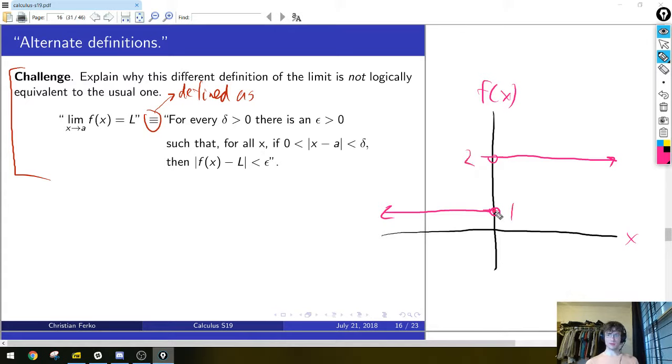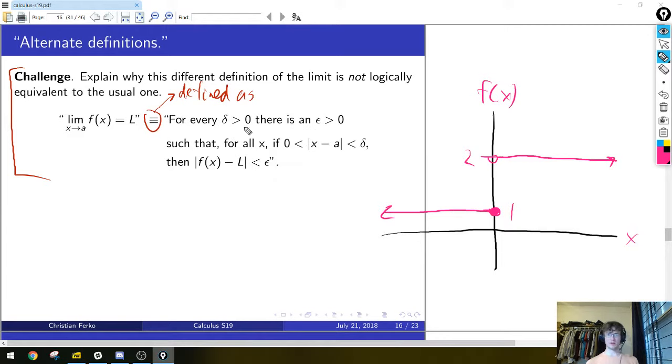We would usually say this limit does not exist, right? Because the limits as I approach from the right and left are different. So let's try instead to prove that with this new definition, it is true that the limit exists at 0.